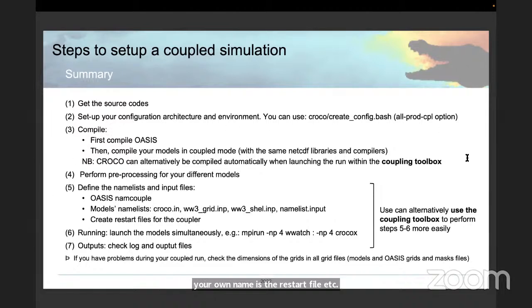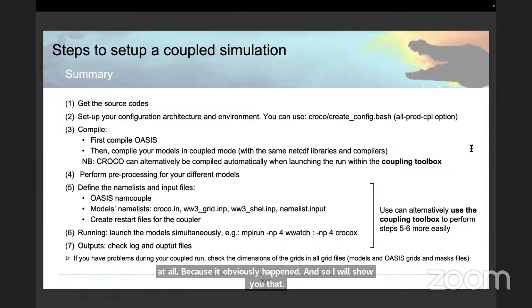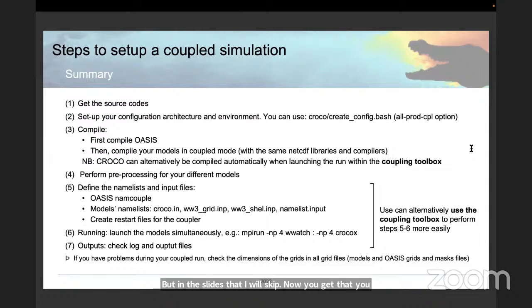And so we have built some scripts to automatically fill most of this stuff to avoid user error, because it obviously happens. And so I will show you that, but in the slides that I will skip now, you can see that you have all these different steps from 1 to 7 detailed step by step. So later, if you want to go there, you can.